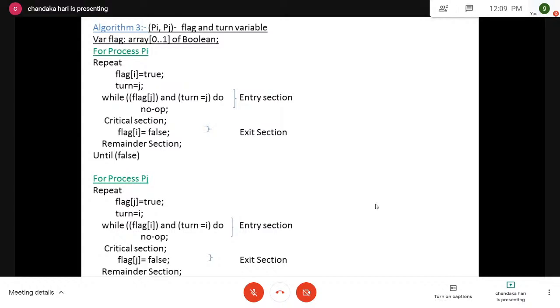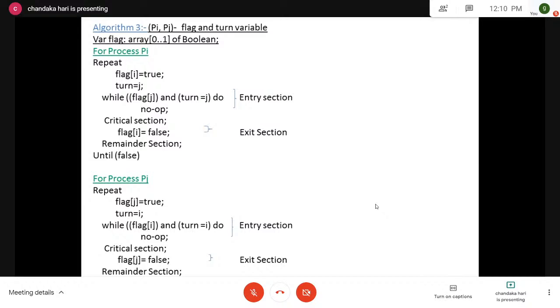Process pi, I'm writing. If process pi wants to enter into critical section, initially he has to make his flag equal to true. And he's not making turn equal to I. He's making turn equal to j. Why? Because I am giving first priority to the processes that have already set the flag true.